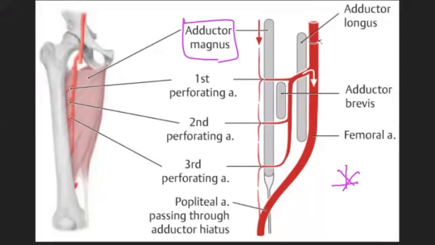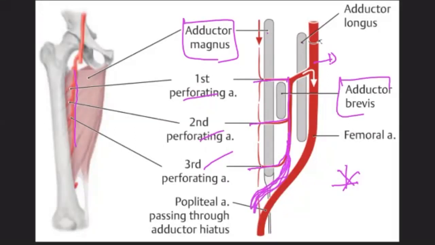This is adductor longus, this is the femoral artery, and this is the profunda femoris artery. So they are piercing the adductor magnus. First, second, third, and fourth is a continuation of profunda femoris, right?